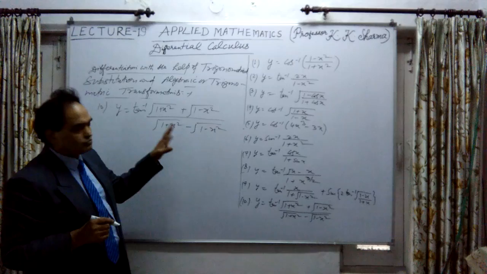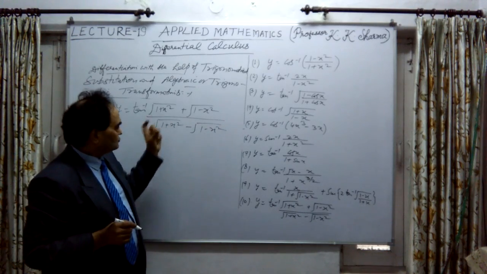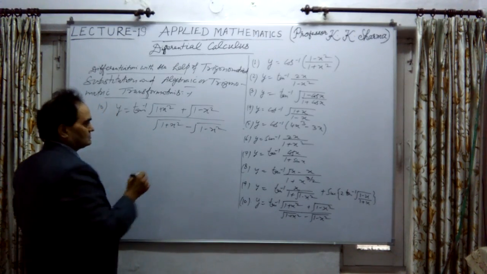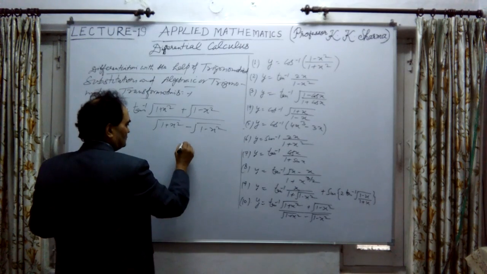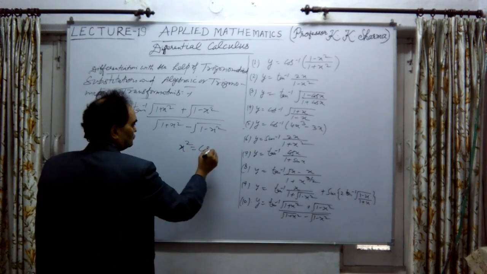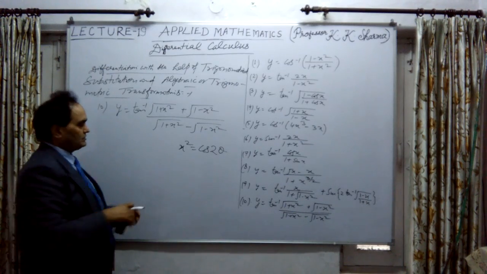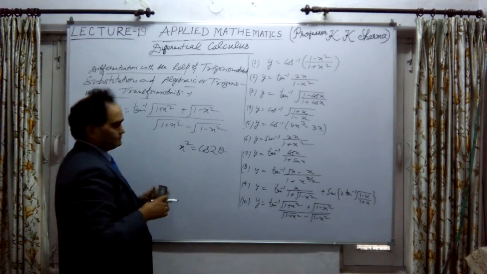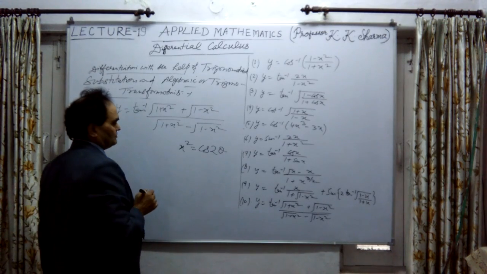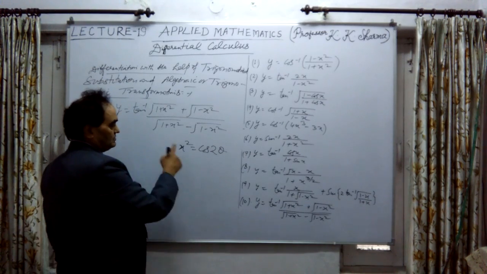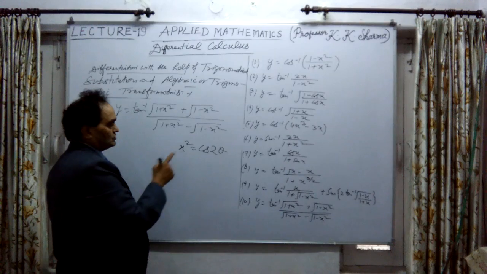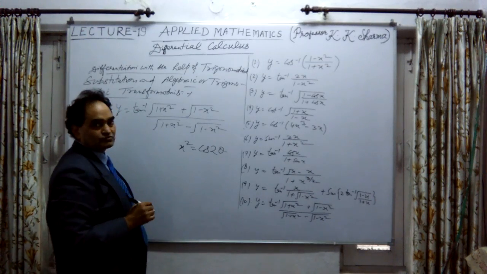Now in this case, we can solve it easily. Let me substitute x square equal to cos 2 theta, that will be easier. So 2 theta will be cos inverse of x square, or theta equal to half cos inverse x square.